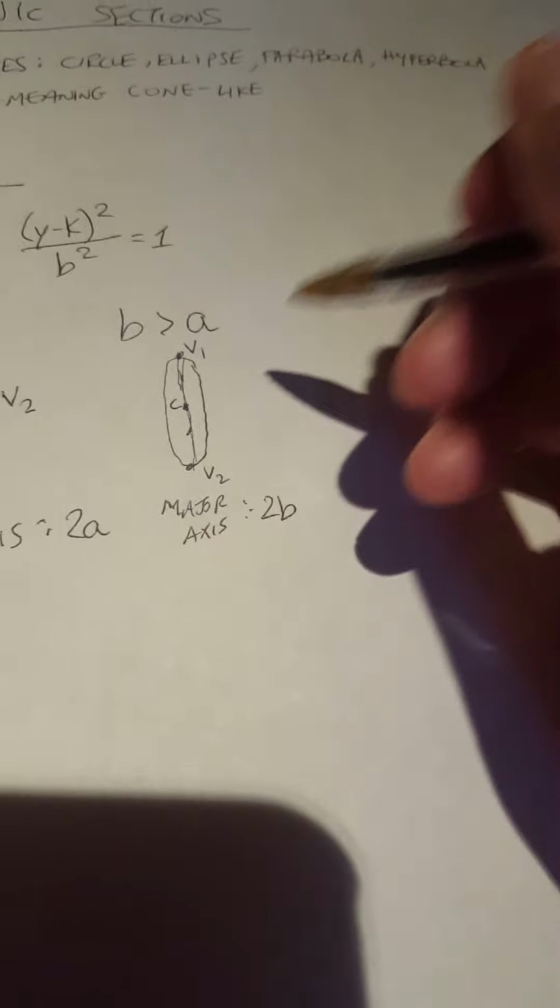The same deal if you had a line that connects this right here, that would be called the major axis. The length of that, in this case, would be 2b, because it's taller than it is long.